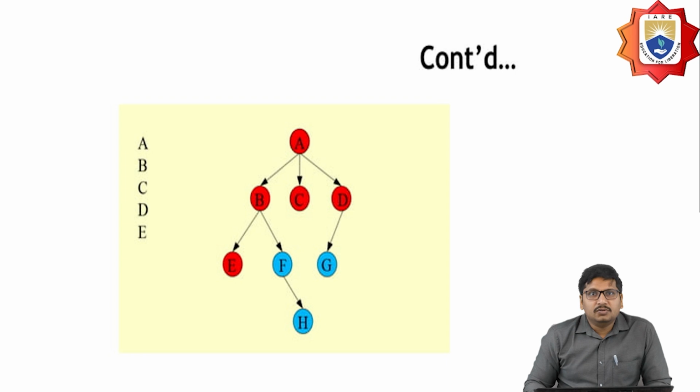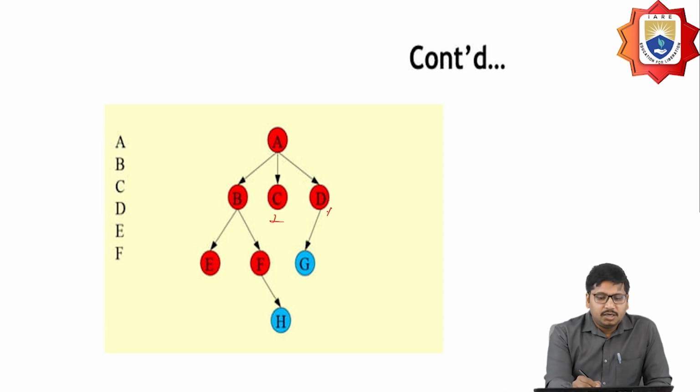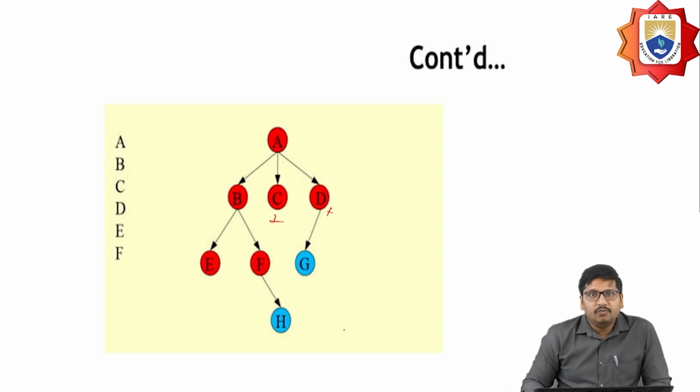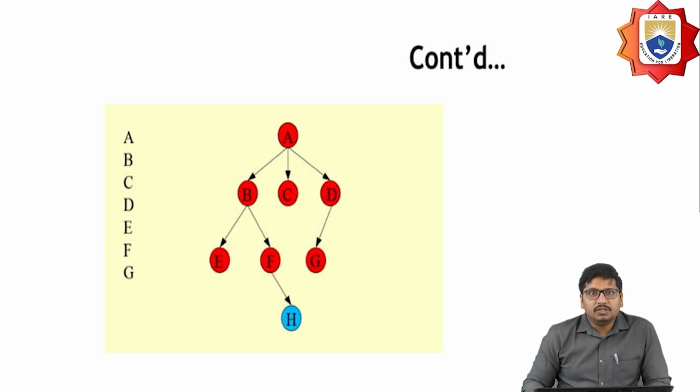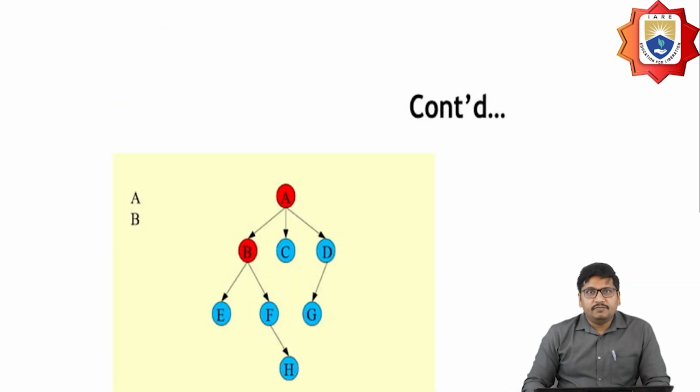For B, there is E and then F. Similarly for C, there are no edges, no vertices connected, so I skip it, and next I consider D. For D, there is G, so I visit it. Next I see E: there are no vertices for E, and for F there is only one, that is H. So this should be the BFS order of the given graph.